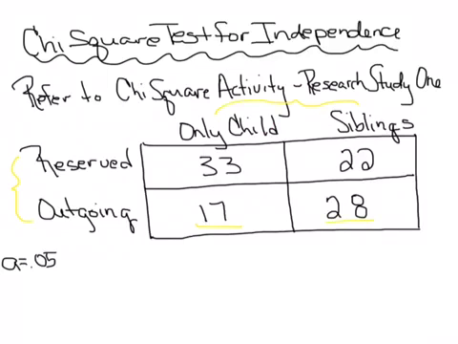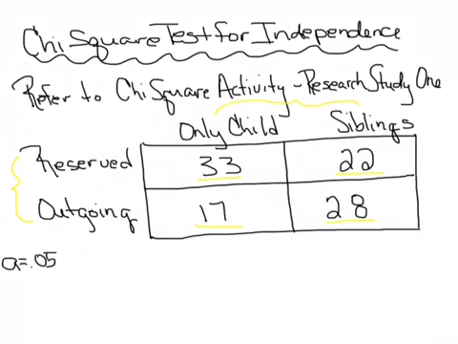Now I obtained these two by just taking 28 and subtracting that from 50, and the remainder goes here. So if 28 of the 50 were outgoing and they had siblings, you know the remaining adds up to 50. So the rest of them were reserved.